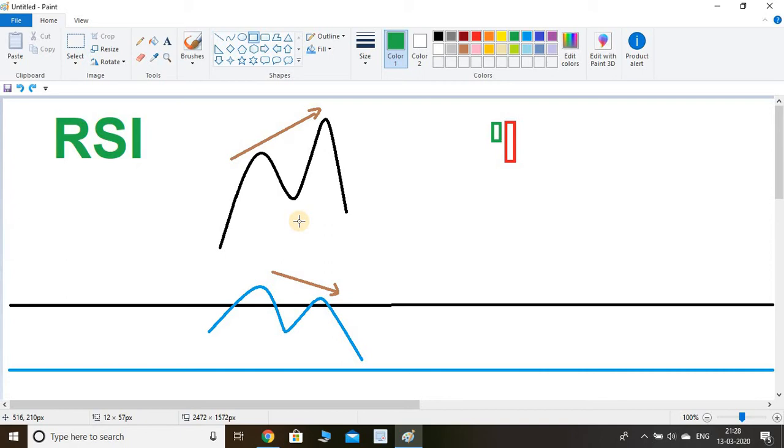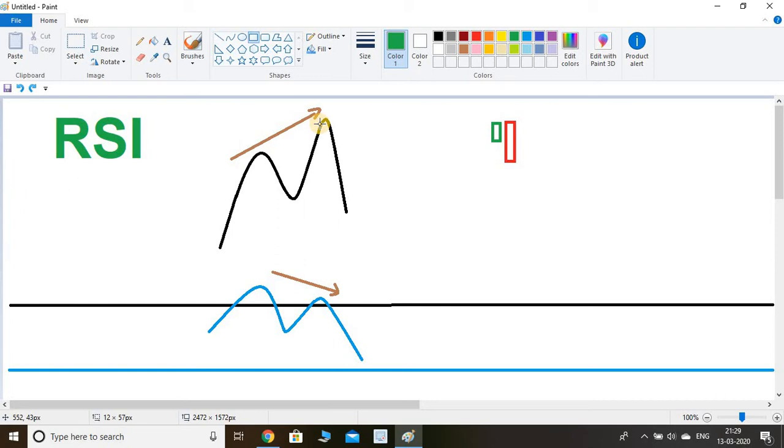The clever professional traders know that price is making a higher high but RSI is not making as high a high, so there is a hidden downward strength. They will be alert and book their profit at this high. This is the main purpose of RSI.